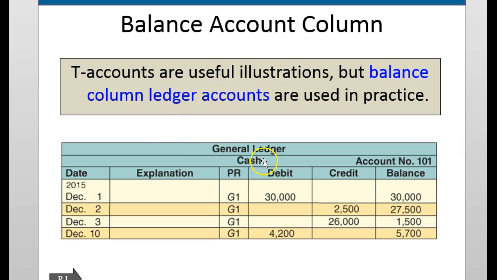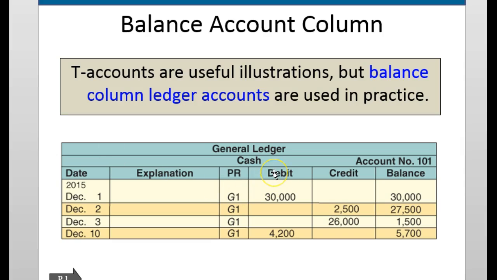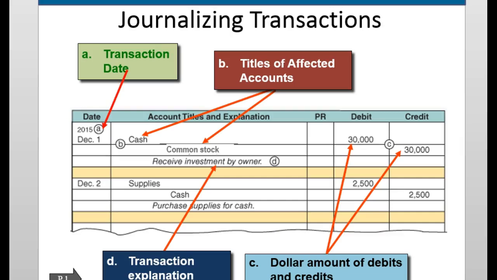Now, this is taking it to the general ledger, and this is just the cash. We transfer this 30,000 down to the general ledger, and we'll show a debit right here to have our beginning balance. So here are your debits and your credits, and here's your running total balance. On December 2nd, it shows we decreased the cash account. Here on December 2nd is a journal entry.